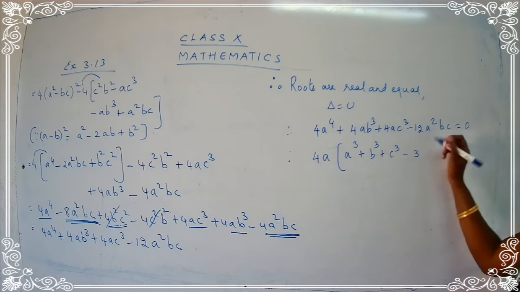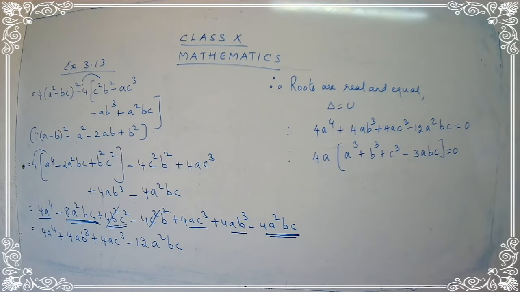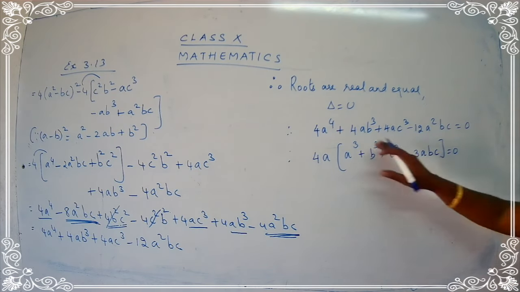So 3abc is equal to 0. I hope you are clear with the common part. What are we taking common? 4 is taken common, and also we have taken a as common. So what is left here? a cube. From 4, 1a is taken. So a cube plus b cube plus c cube minus 3abc is equal to 0.